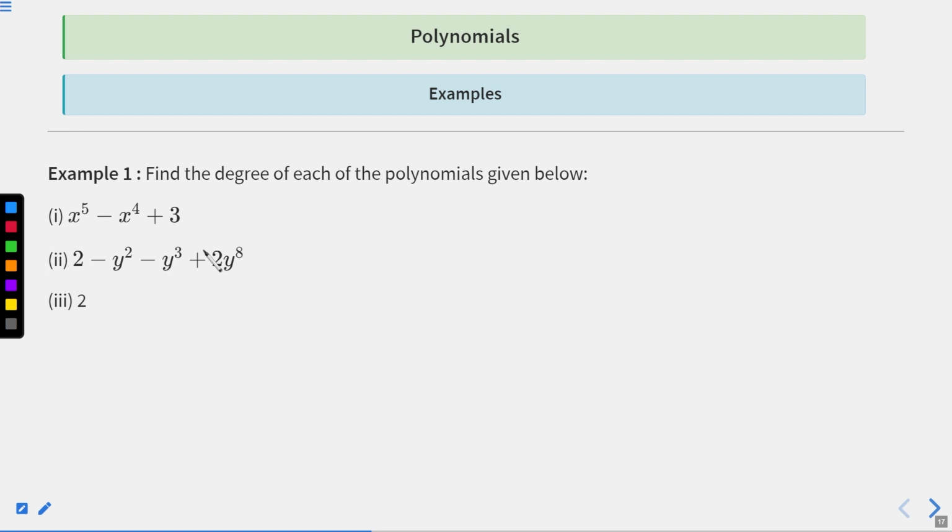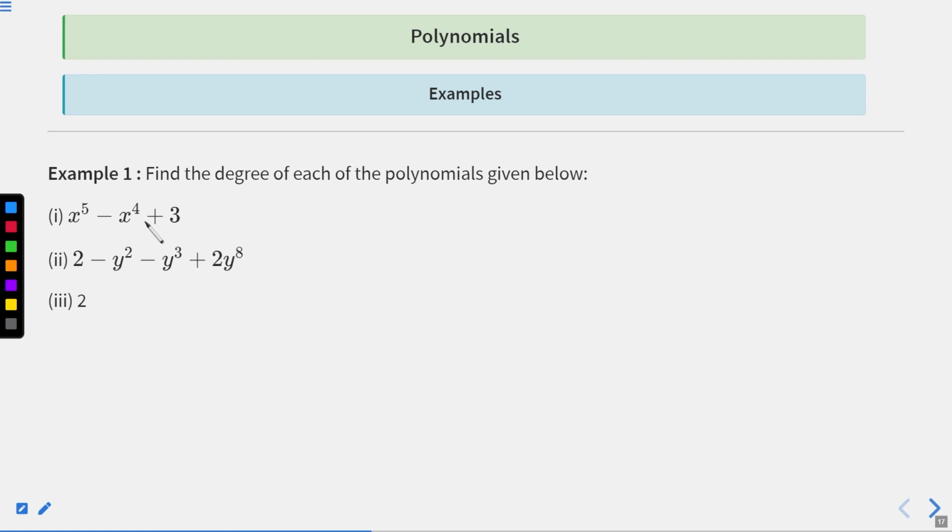Okay, so now here we'll see an example. In the first example, we have to find the degree of each of the polynomials given below. In the first one, we have x to the power 5 minus x to the power 4 plus 3. So student, what is the degree of this polynomial?